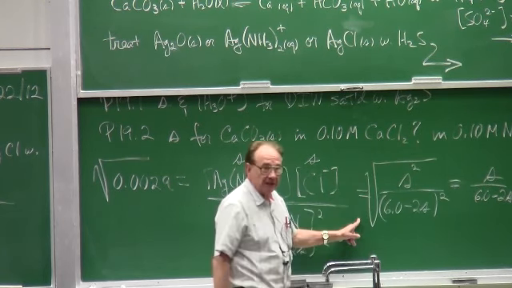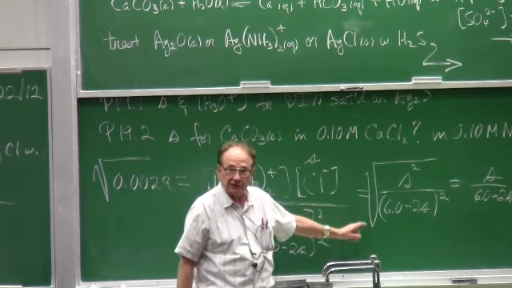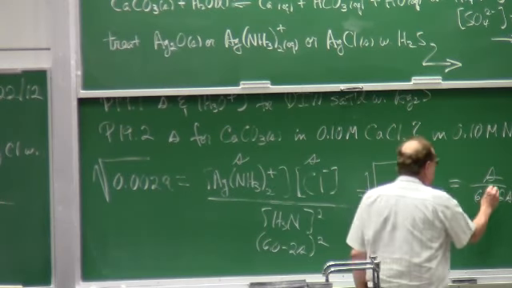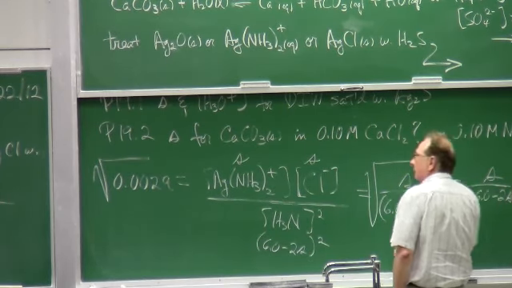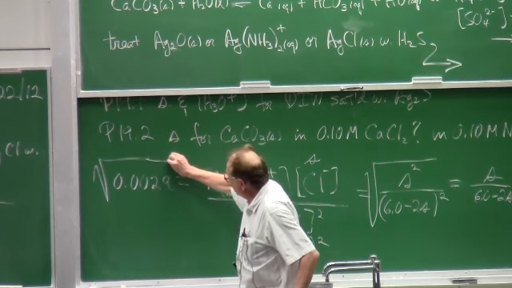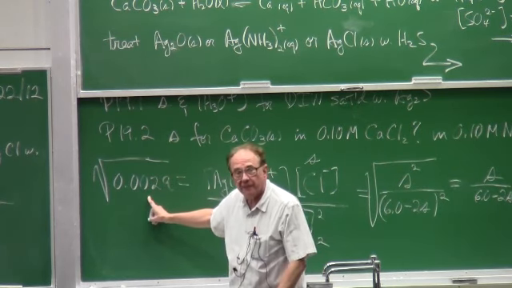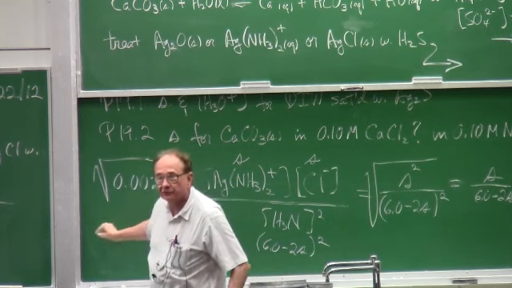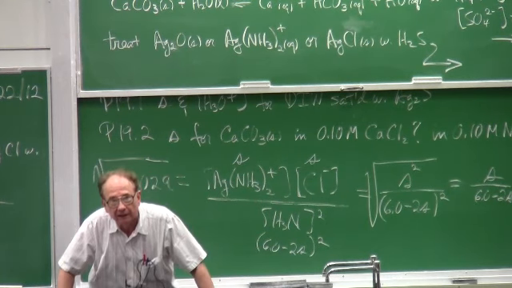So the algebra part becomes s over 6.0 minus 2s is the square root of 0.0029. Is it bigger or smaller than 0.0029? Bigger.